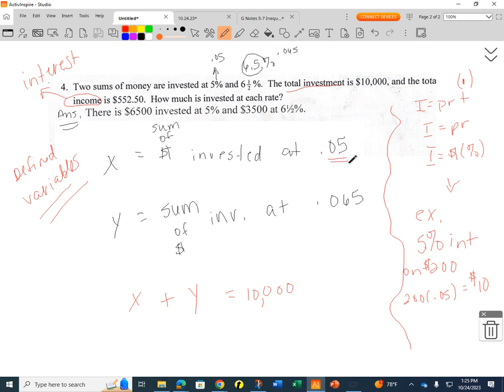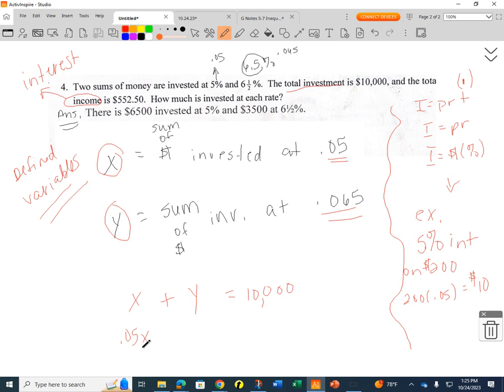The 0.065 goes with the y. So the interest on x is just the 0.05 times x. Like the interest on $200 is the 0.05 times $200. So our second equation is going to start with 0.05 times x.